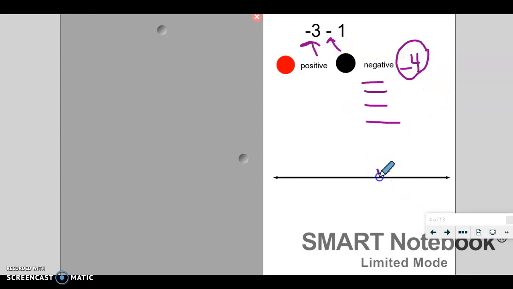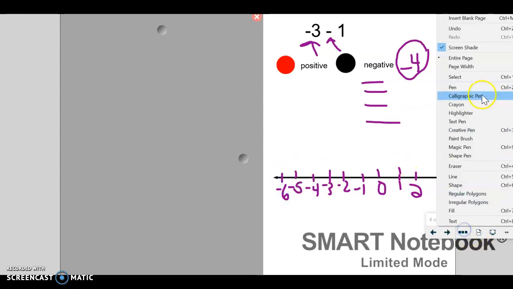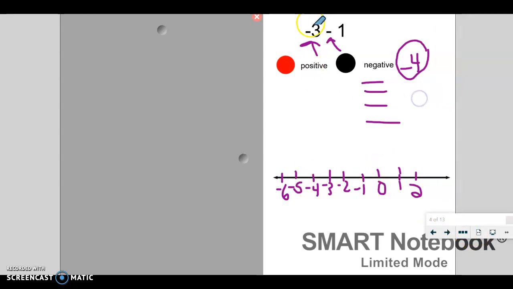I'm going to do it on a number line, so notice both my numbers are negative, so I don't really have to have a lot on the positive side. If you notice that both of the numbers in your problem are negative, all right, so I'm going to start with the first number.